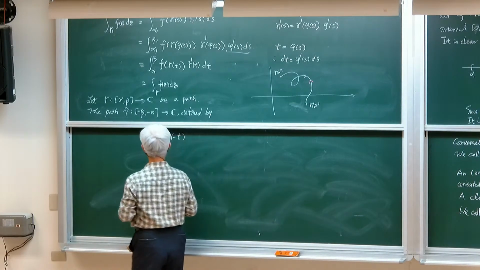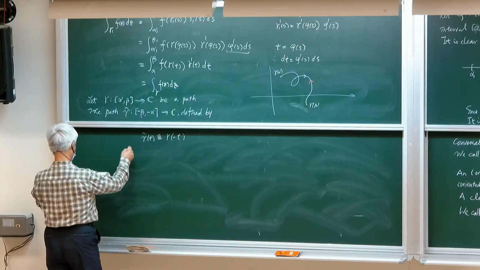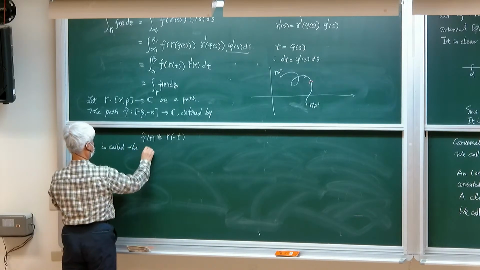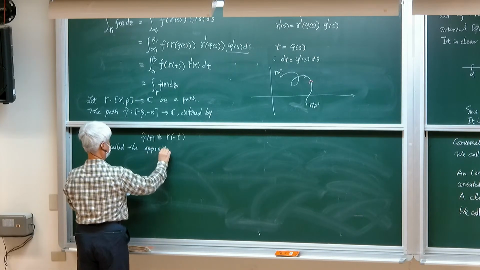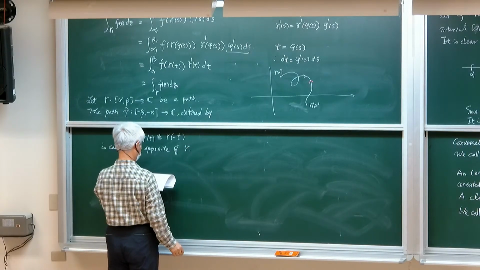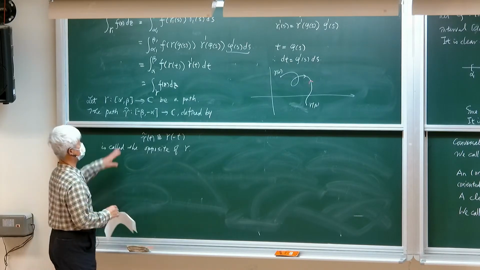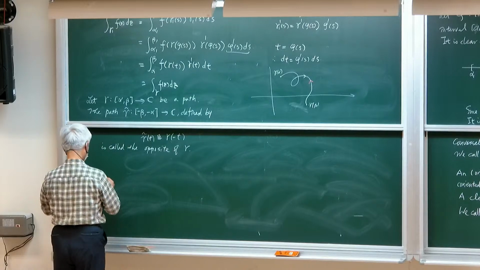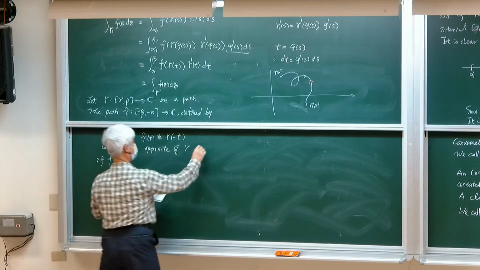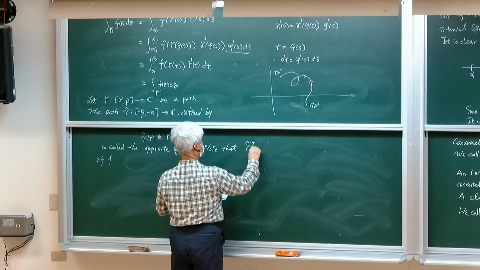This is called the opposite of gamma. Note that gamma tilde star is equal to gamma star.